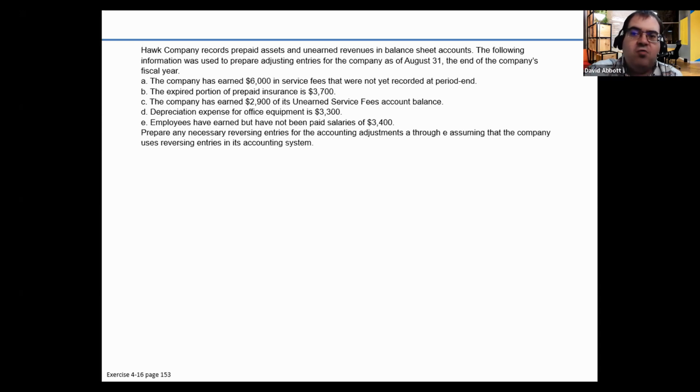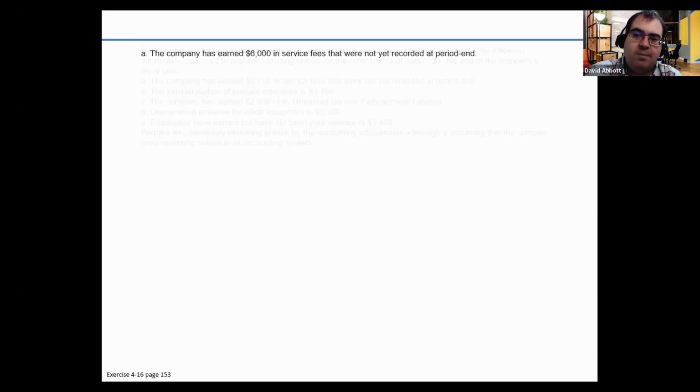The company had earned $2,900 of its unearned service fee account balance. Depreciation expense of office equipment was $3,300, and employees had earned but not yet been paid salaries of $3,400. We'll prepare any necessary reversing entries for adjustments A through E, assuming that the company uses reversing entries in its accounting system.